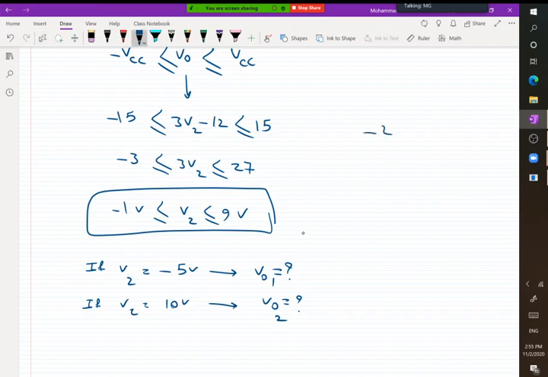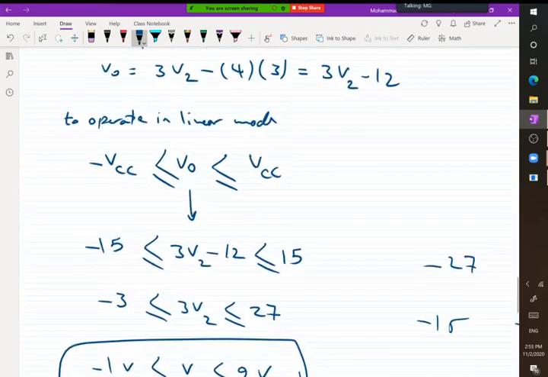I have negative 27, 18. I have negative 15, 30. I have negative 15, positive 15. I have 0, and these are the answers I have.